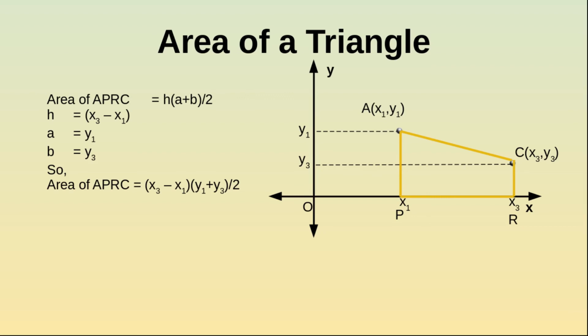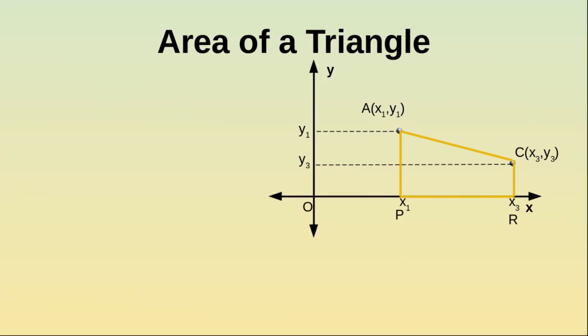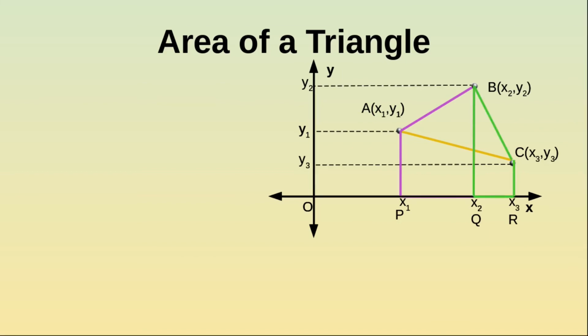Now let's try to put these 3 trapezoids together. This is our last trapezoid, then we are putting in this trapezoid and then this trapezoid. Now if we see carefully, actually we have the triangle A, B and C. Now if we add the areas of the trapezoids A, P, Q, B and B, Q, R, C and then subtract A, P, R, C, then what we will be left with is the triangle ABC.